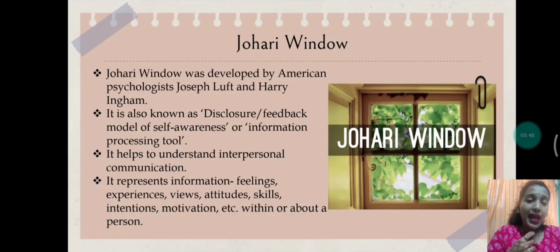It is also known as the disclosure feedback model of self-awareness, and also information processing. You get the disclosure from others: if you are unaware about yourself, you get feedback and learn something you had never known before, so you should improve it, or you learn something great and think about what more you can add.